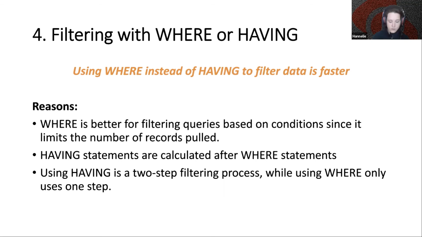Also with HAVING, it first does a WHERE clause before doing the HAVING. So it's a 2-step process, and the HAVING takes all the data and then filters through it.